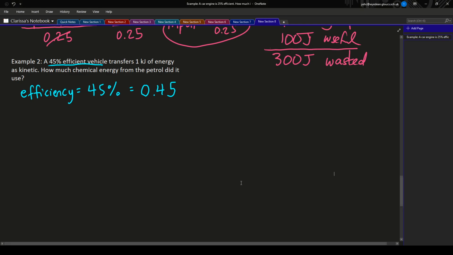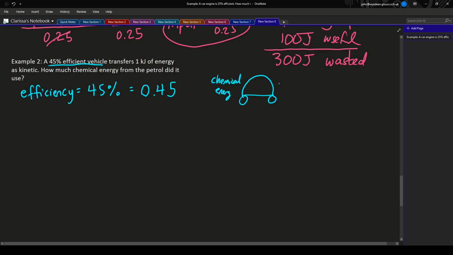Very good. So, it's a vehicle, meaning it's a car. I want you to think about what energy goes into a car. Well, petrol, but petrol's chemical energy.